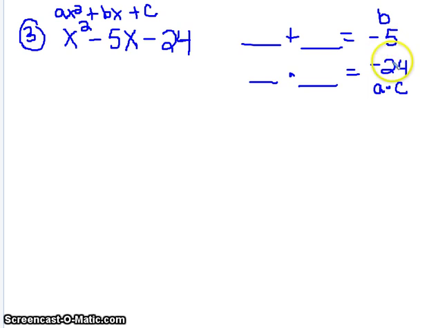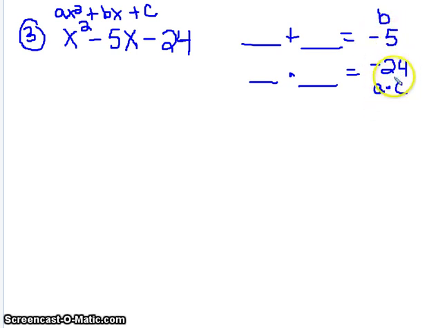Now, I have to think, what are the products of 24? And since my b is negative, one is going to be positive and one negative, or both are going to be negative. Well, here, if I have a negative a times c, one number has to be negative and the other has to be positive. So if my b is negative 5, that means my larger number has to be negative.